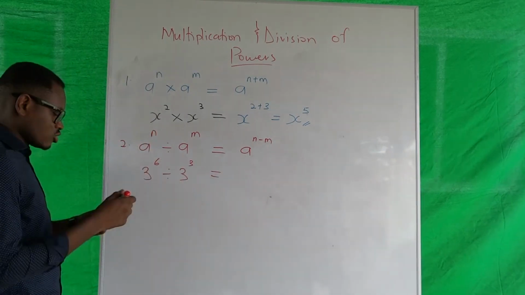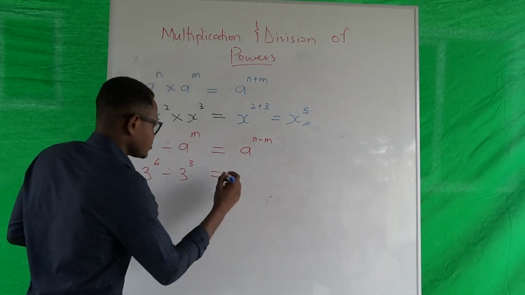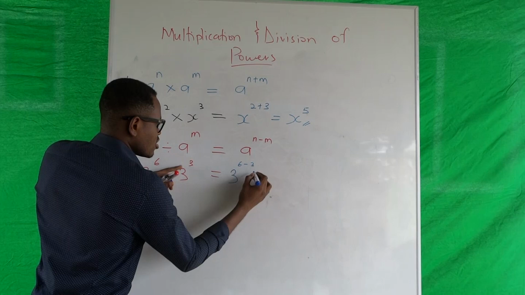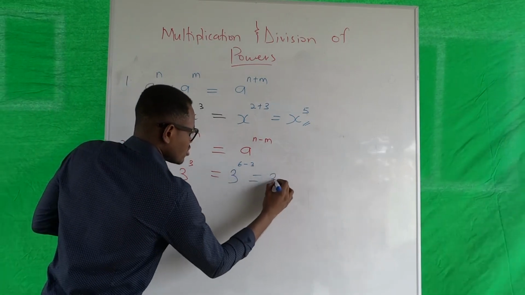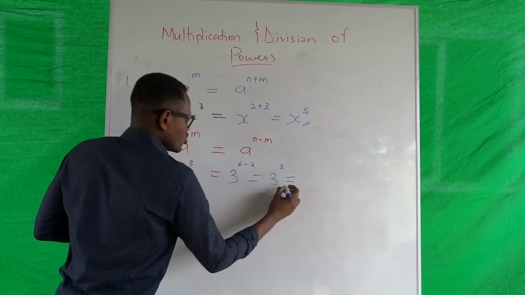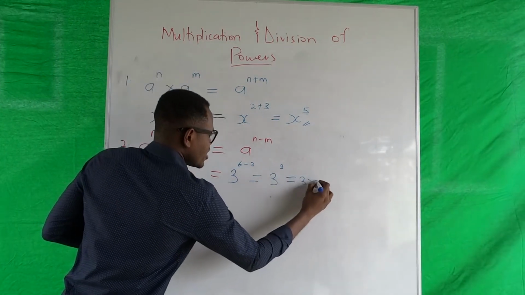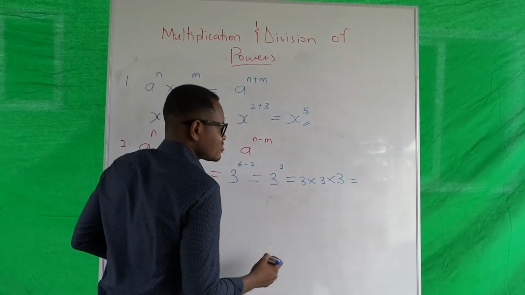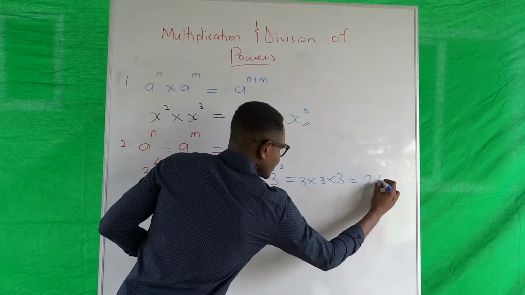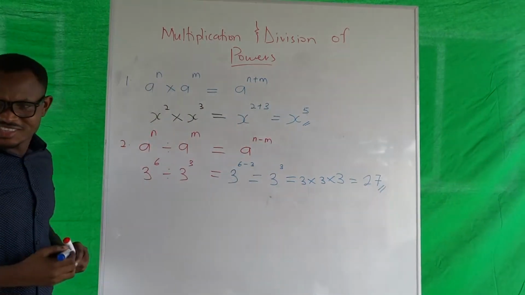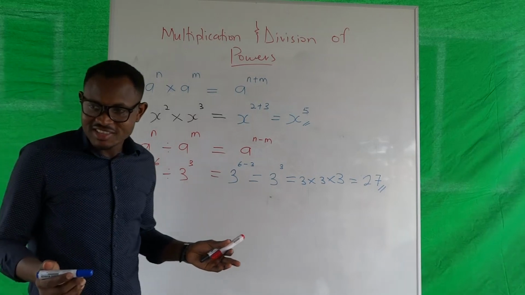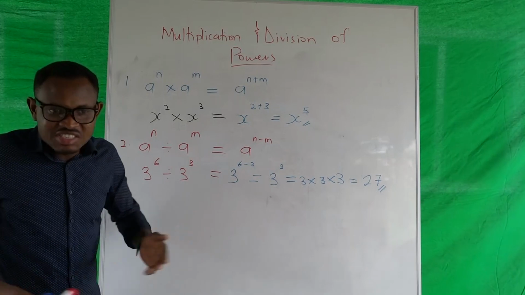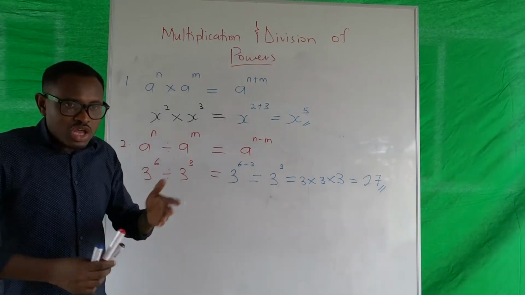What should be our answer? 3 raised to the power 6 minus 3, which is equal to 3 raised to the power 3, which is equal to 3 times 3 times 3, which is equal to 27. Fantastic. You see, it's easy. Very easy. So just understand the bases and the rules and you are done.